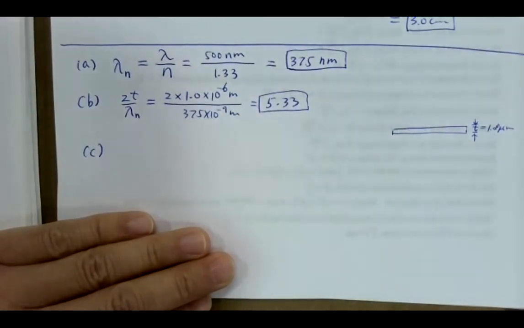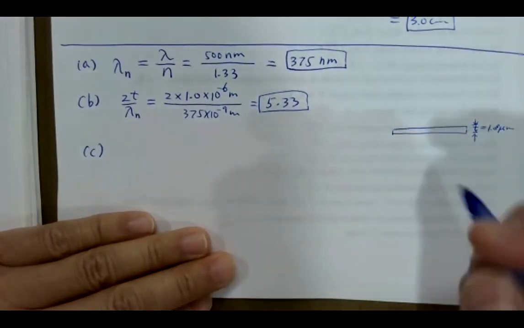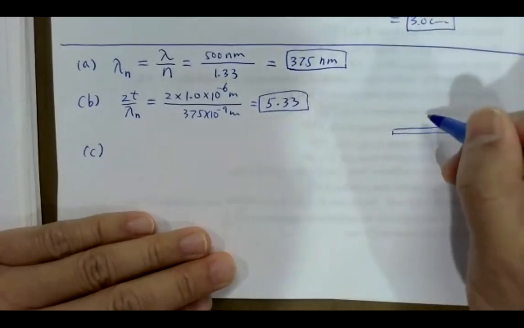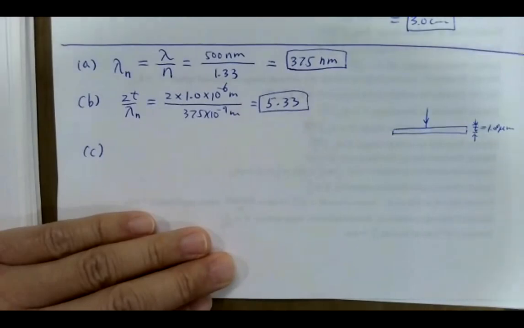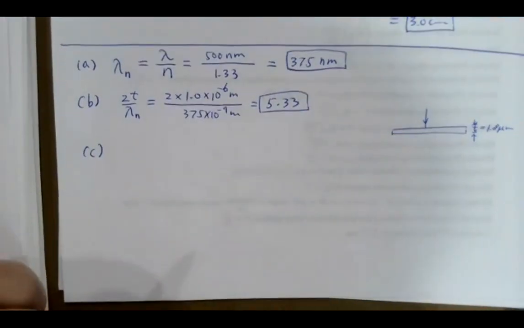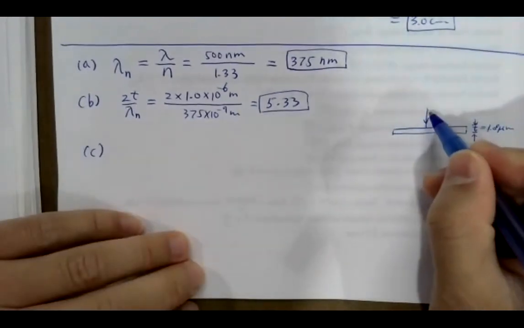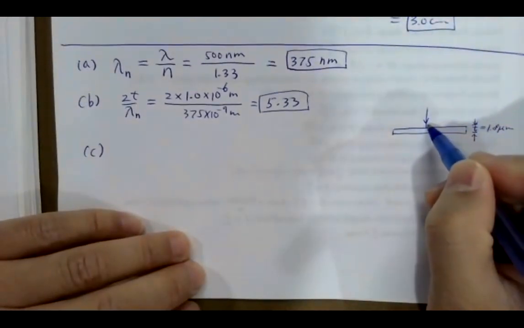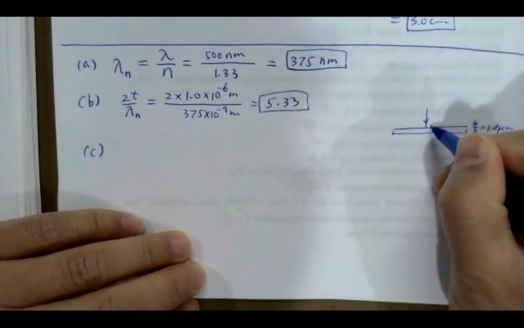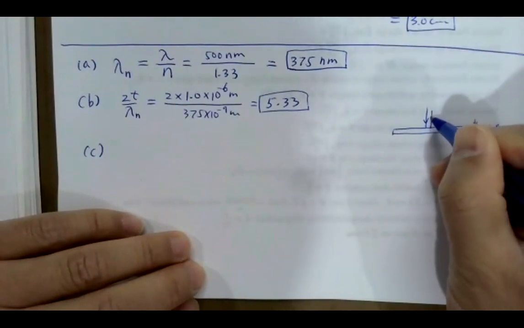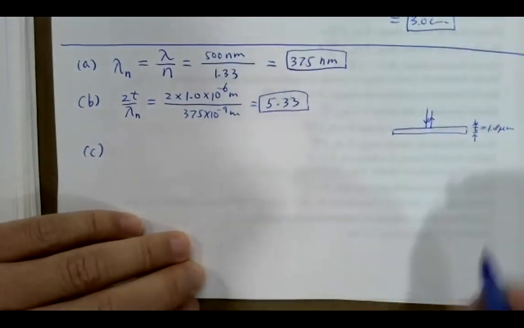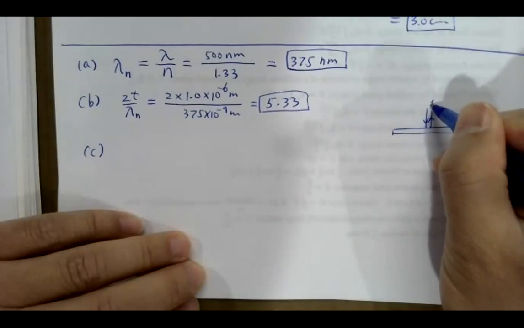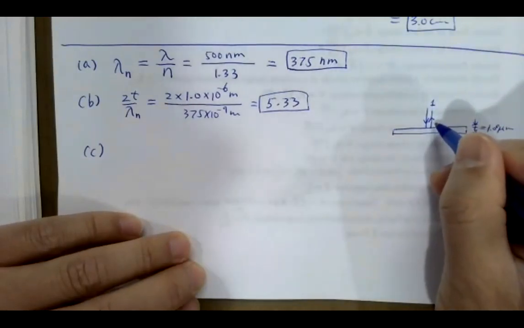Now, if the light wave hits here at normal direction, you will get reflected right back. So you can draw a reflected light. I'm going to shift it to the side a little bit, so those two will not sit on top of each other, but in reality they do. So this is reflected ray one from the front surface.